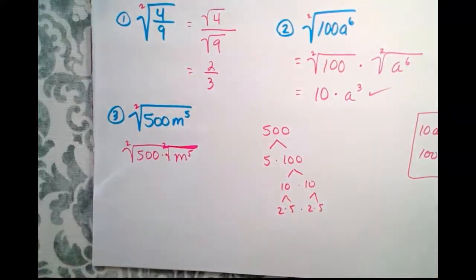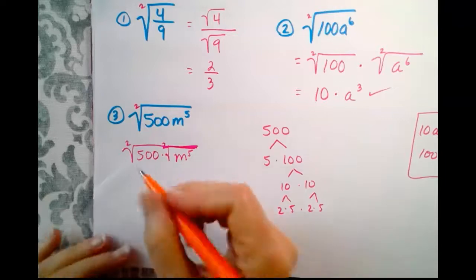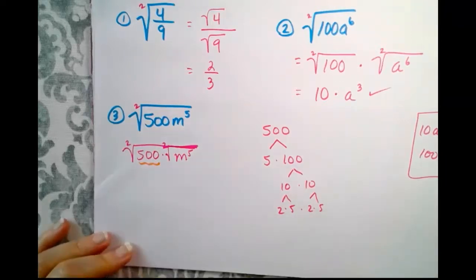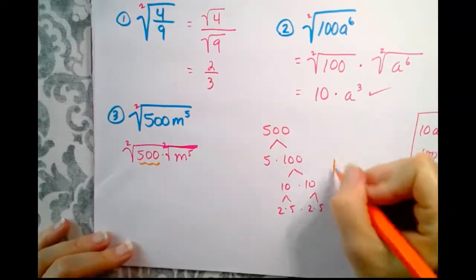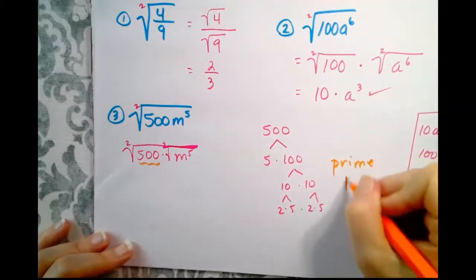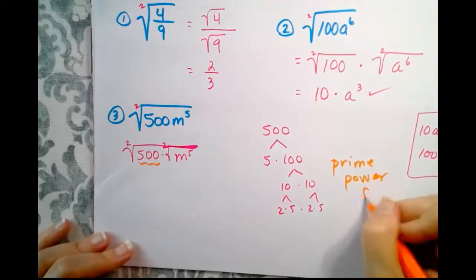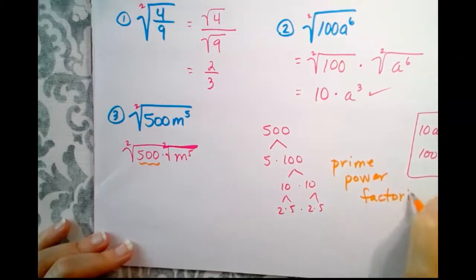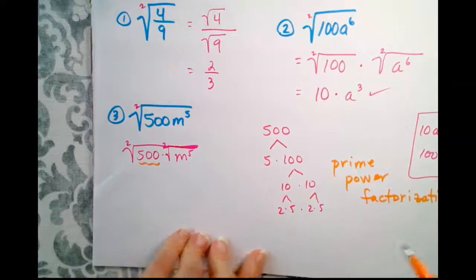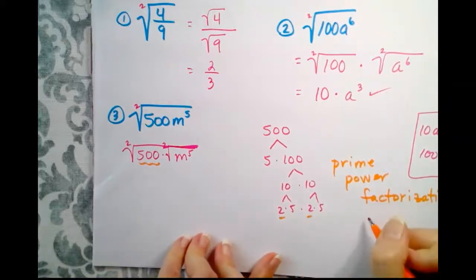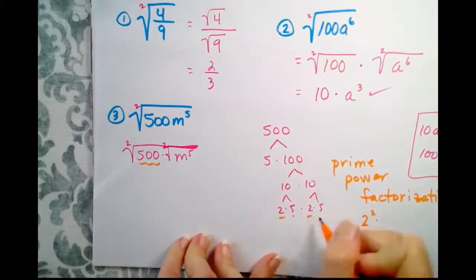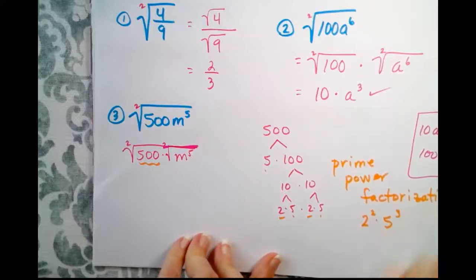Now what we are going to do is replace this 500 with its prime power factorization. So what does that mean? Well, that means this. We've got 2 powers of 2 times 3 powers of 5.